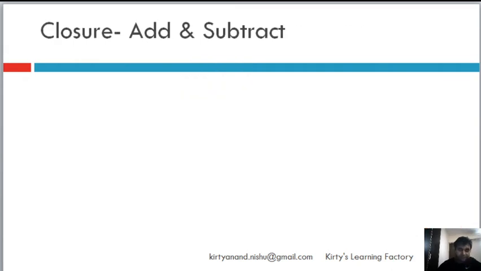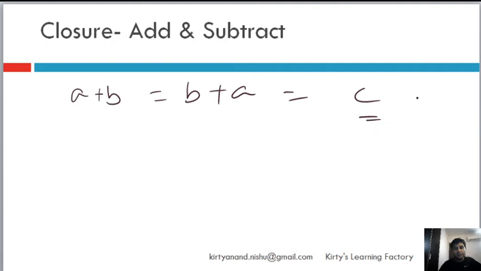Closure property. These are boring properties, but you must know and understand. Closure property means, very simply, that a plus b, where a and b are both integers, equals b plus a, and whatever you get, let's say c, is also an integer. When you add two integers in any order, you will get an integer, which is absolutely true.